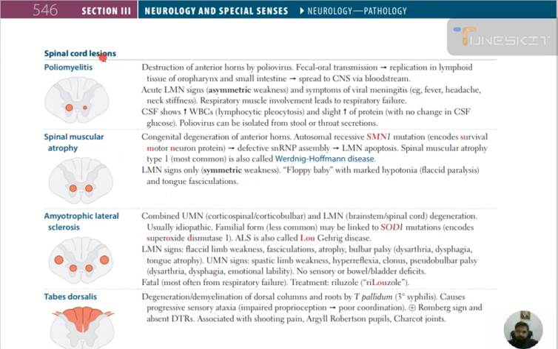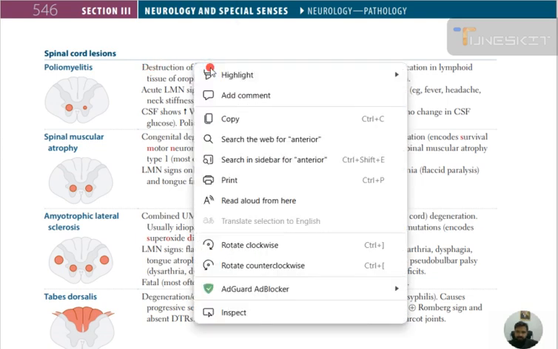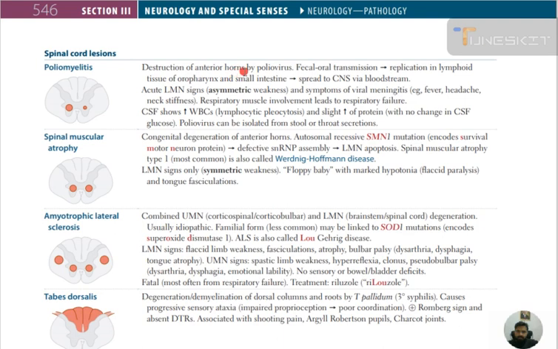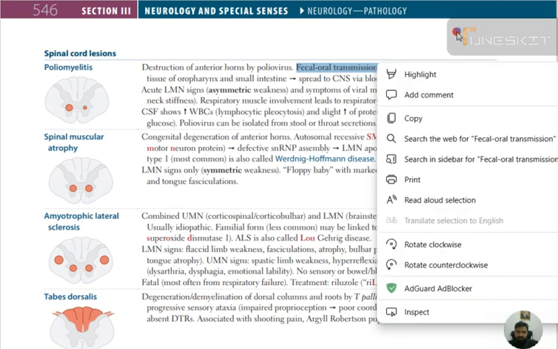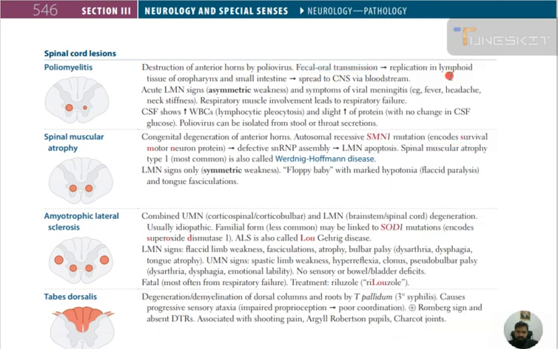So we left in the previous video from poliomyelitis. It is the destruction of the anterior horn by poliovirus, with fecal-oral transmission and replication in the lymphoid tissue of the oropharynx and small intestine.